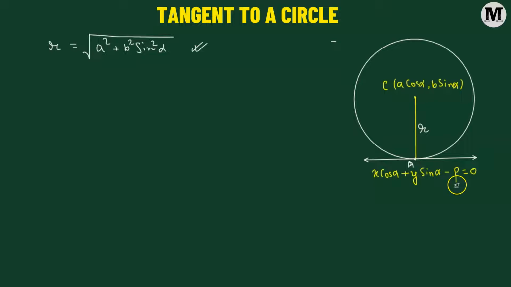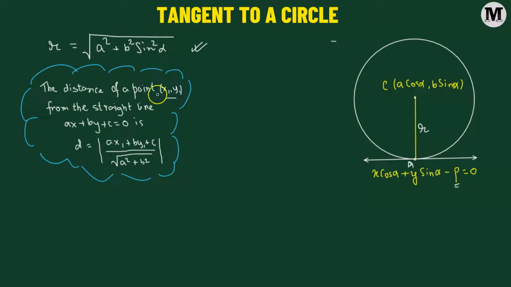So here we are going to use a concept: how to find the distance of any point from a straight line. Let's say we have a point having the coordinates x1 comma y1, and we want to find the distance of that point from the straight line with equation ax plus by plus c equals to 0. Then the distance will be given by the absolute value of a times x1.